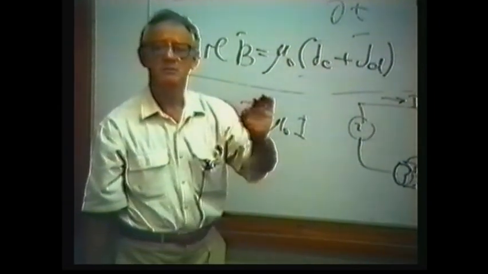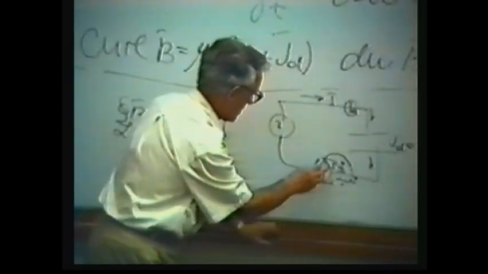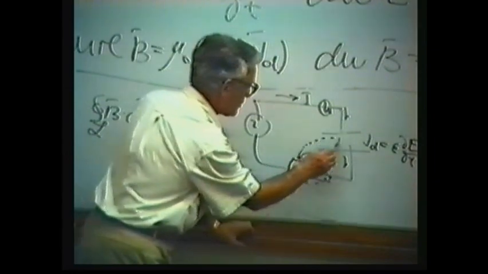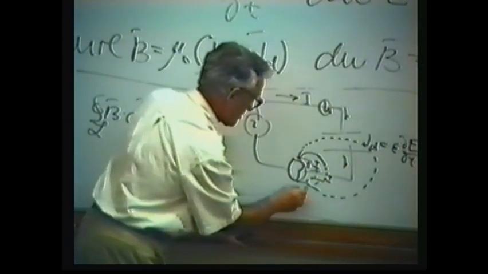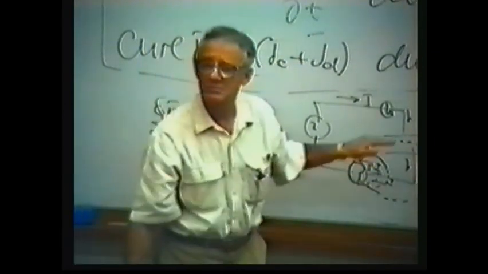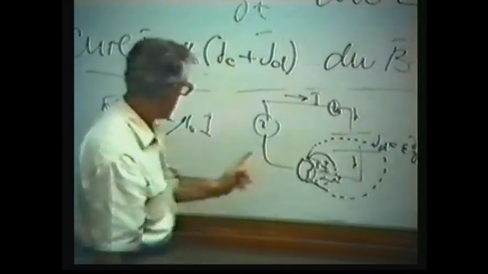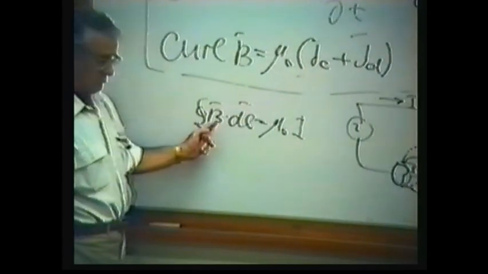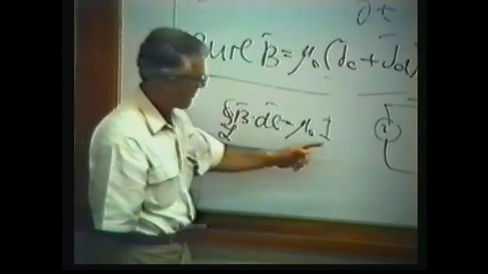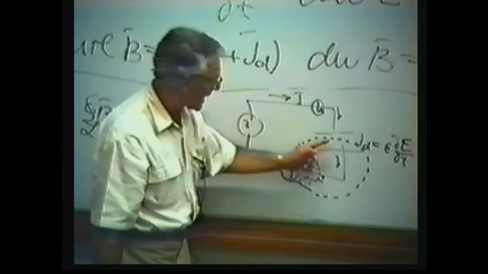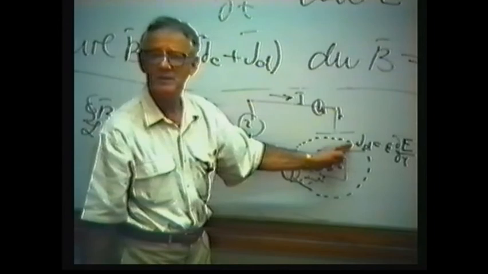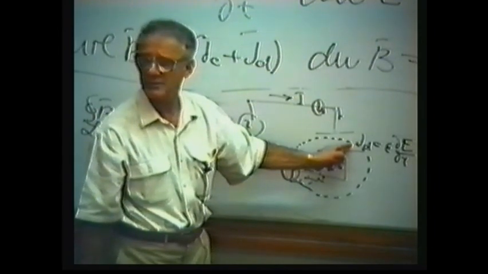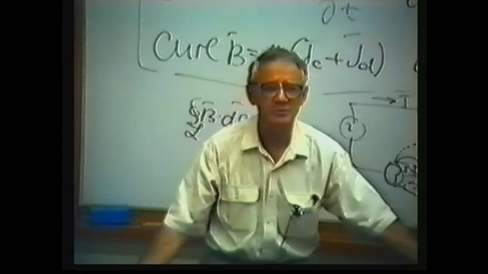Then trouble. Let us take this surface mentally, which is going through the condenser. Of course, this result must be the same. But what is the conduction current through the condenser? Nothing. No ions, no electrons.